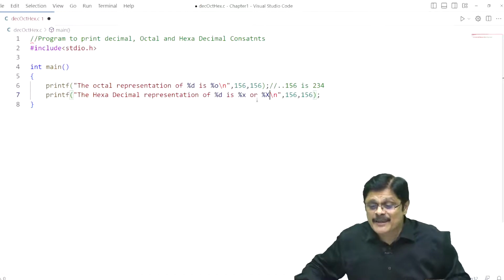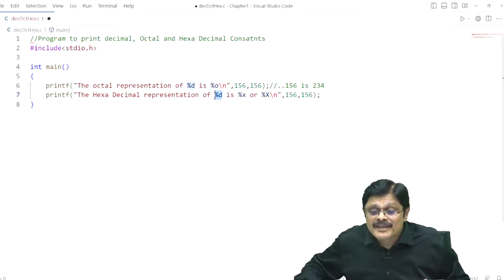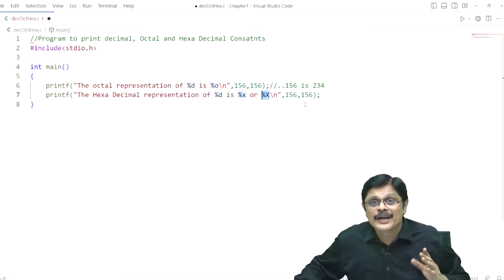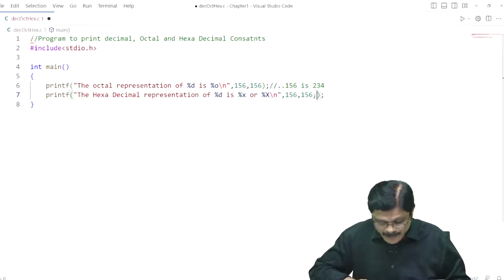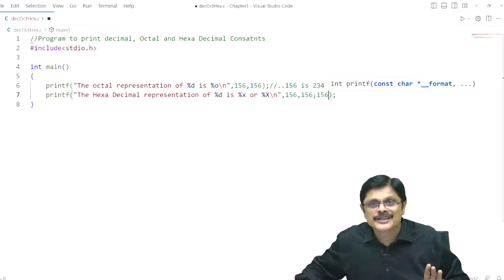Rest of the story is the same, but please remember for the first %d this 156, for %x this 156. For the third one, if you have not kept any argument, that is okay, it will not give you any error, but it may give you some unexpected answers. So please be careful. You have to keep an argument corresponding to each one.